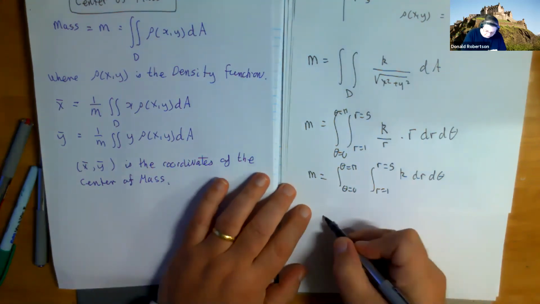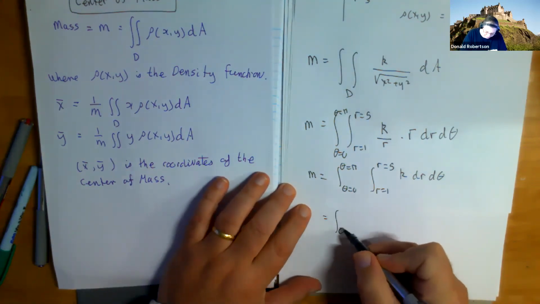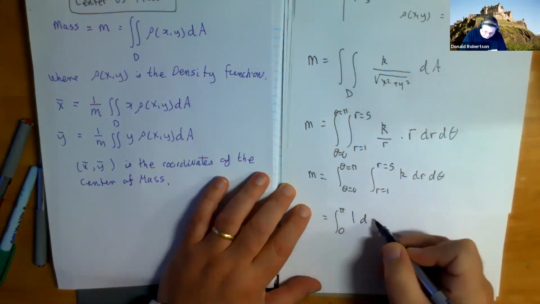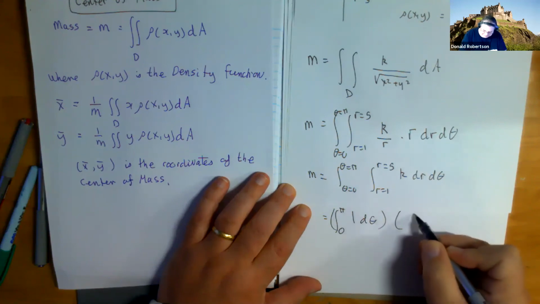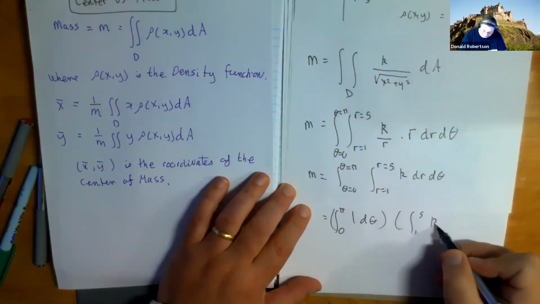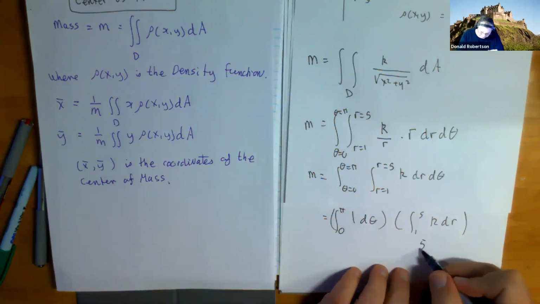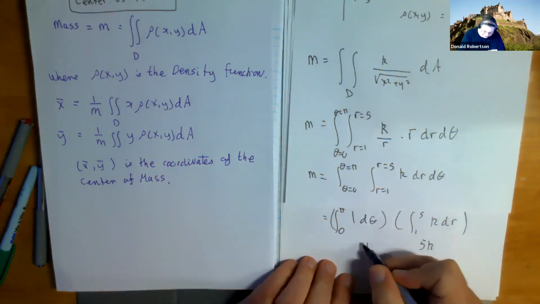If I split this up then, won't it be the integral from 0 to pi of, and I'll give this a 1, and from 1 to 5, give this the k, so that's going to get me 5k, and that's going to get me pi.